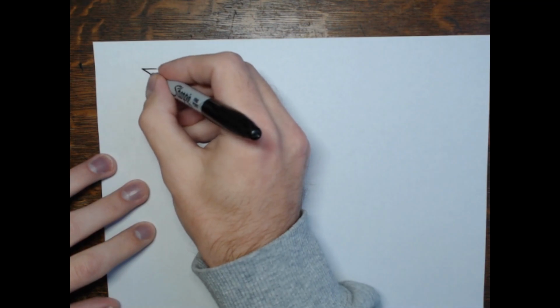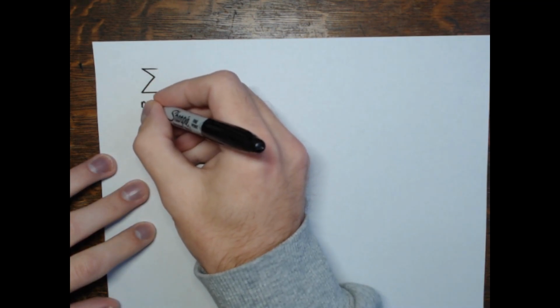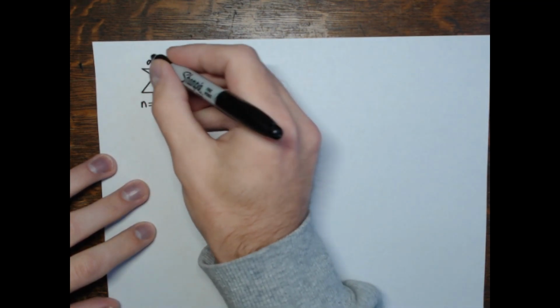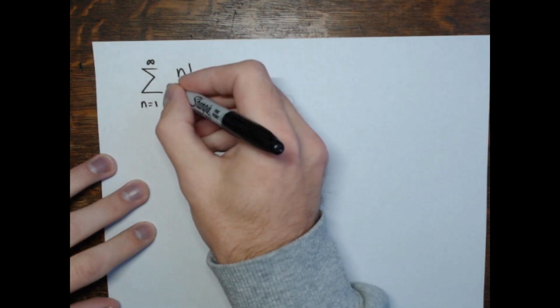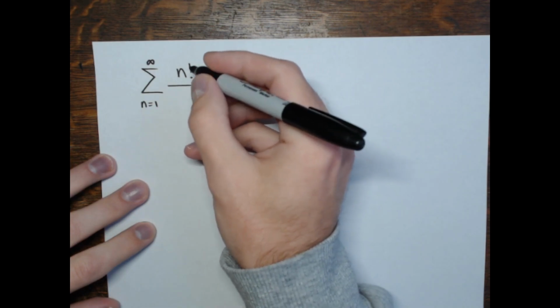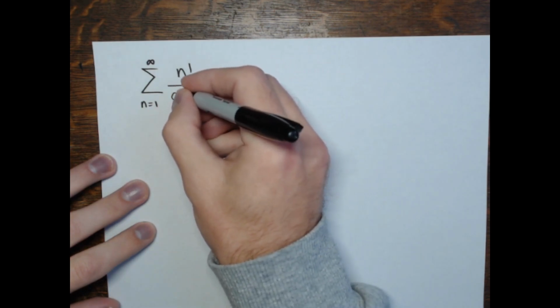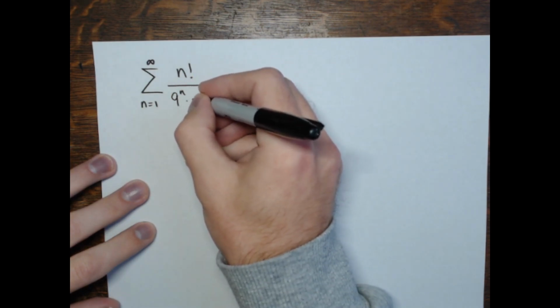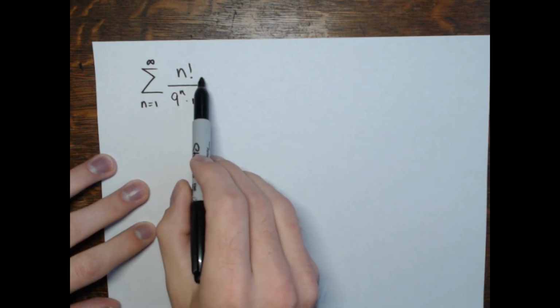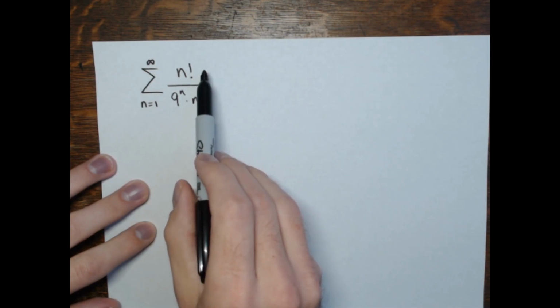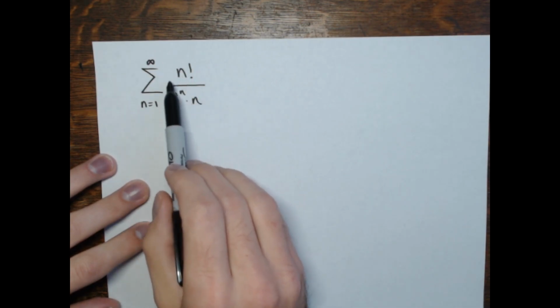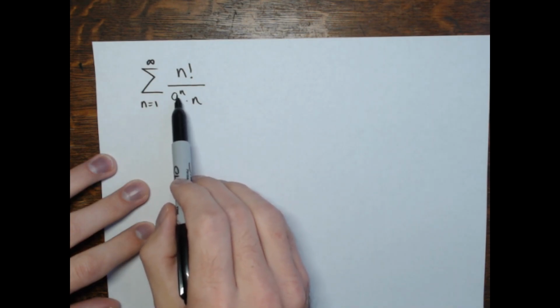So here we're given the sum from n equals 1 to infinity of n factorial divided by 9 to the nth times n. Now again, if the whole thing was raised to the nth power, like the past couple examples, I'd use the root test. But not the entire expression is raised to the nth power, just this 9 down here.